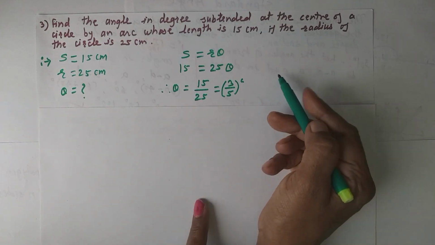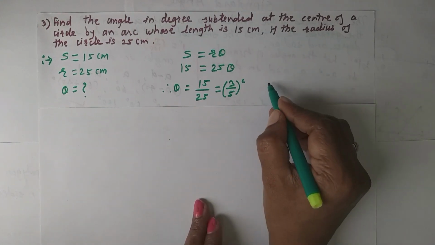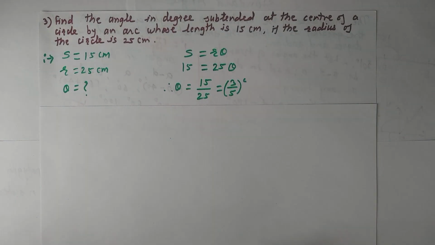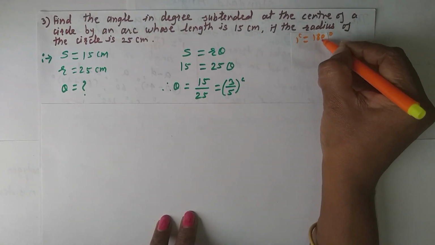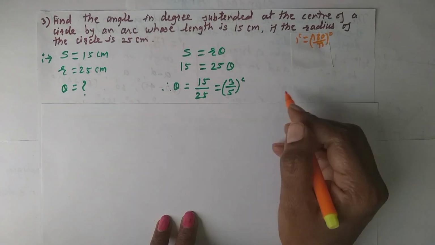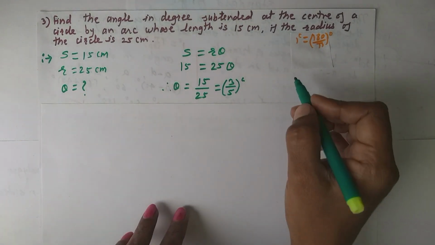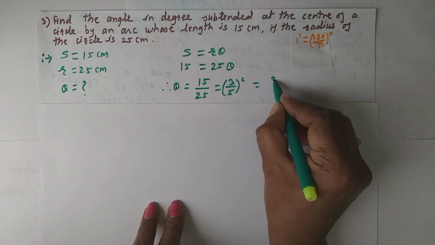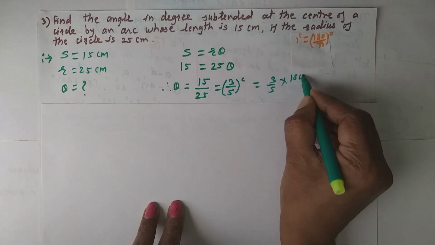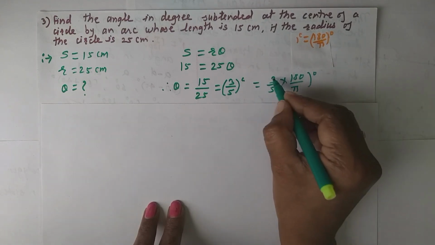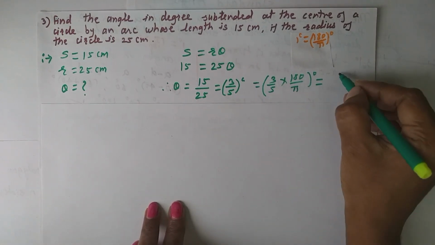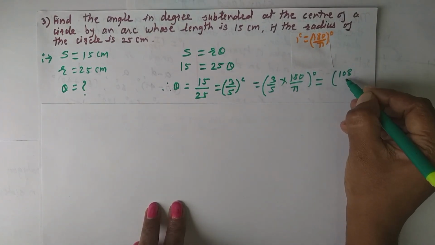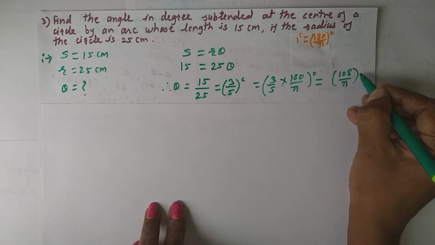Now if I have to convert this angle into degree, then I know the formula: 1 radian is equal to 180 divided by pi. Therefore, you multiply this by 180 by pi and it will get converted into degree. And after simplification, this is nothing but 108 divided by pi degree.